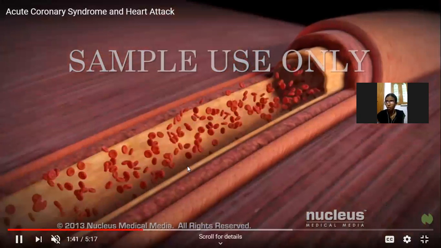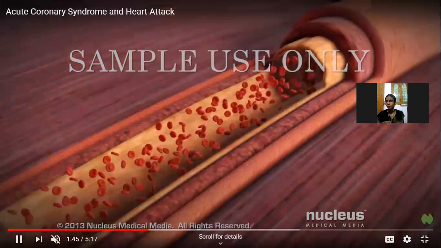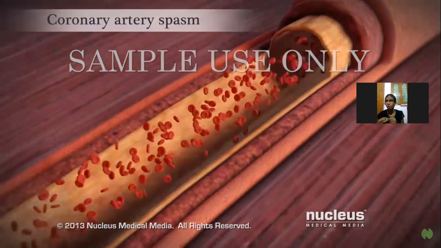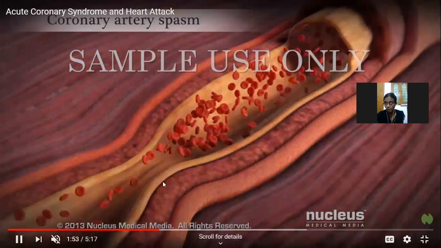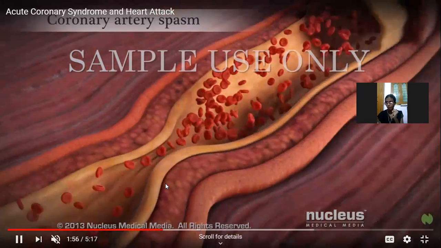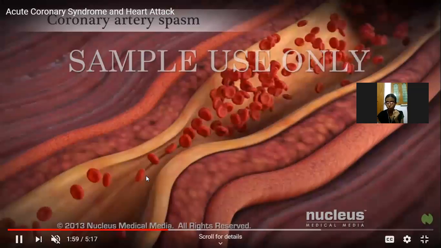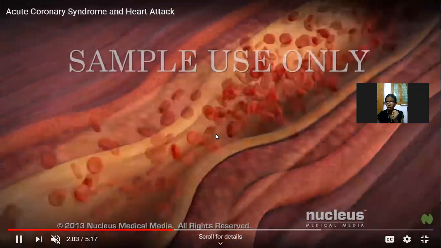So if there is any clot or narrowing of the blood vessels, the blood cannot flow. See here, if the arteries get constricted, the blood cannot flow easily, and it will lead to a blood clot.